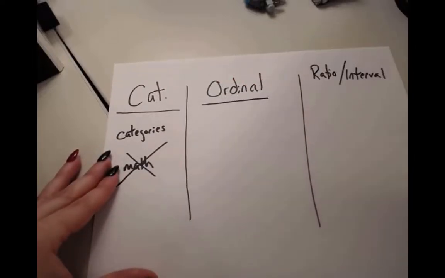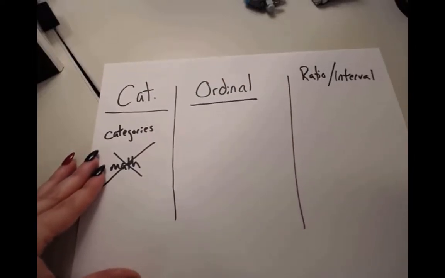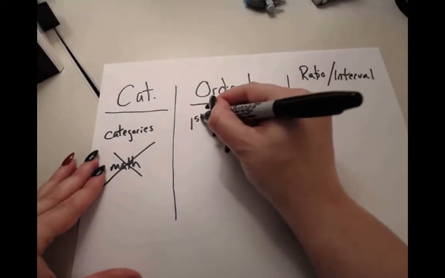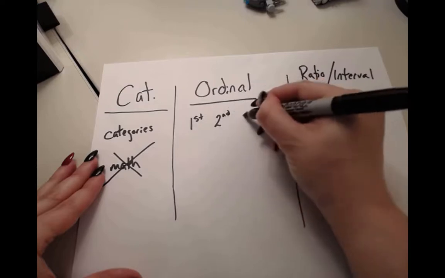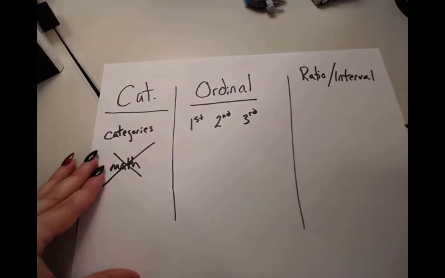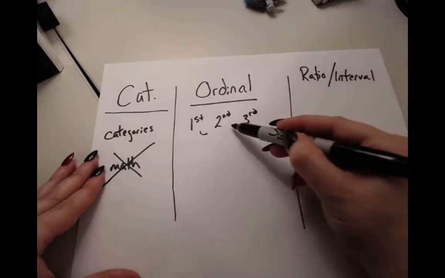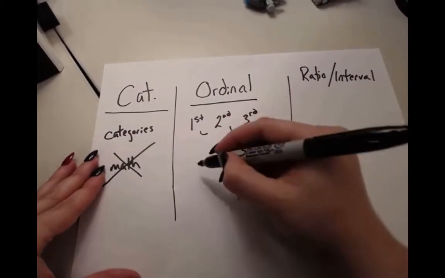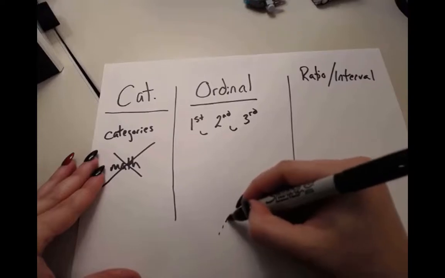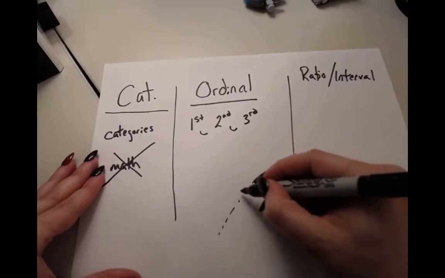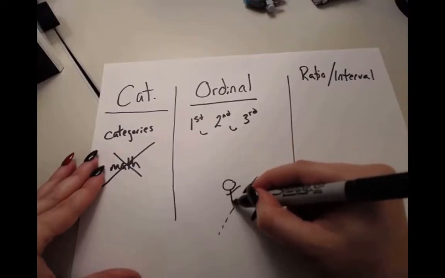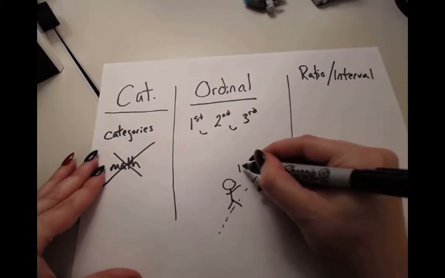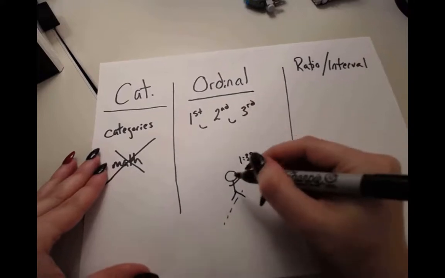Ordinal is the first time that we actually have a distance between things. But ordinal is about your ranked order. So it's second, third, fourth. And this might feel like there's an even distance between first, second, and third. But think about a race. If you have a race, the first runner to cross the finish line might finish first at, let's say, 1 minute and 38 seconds.